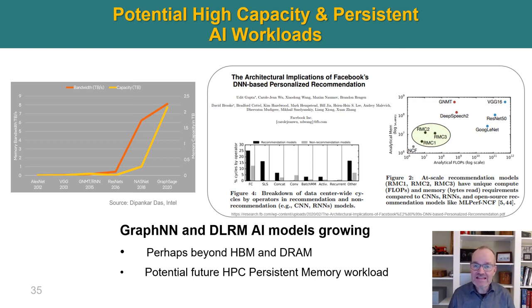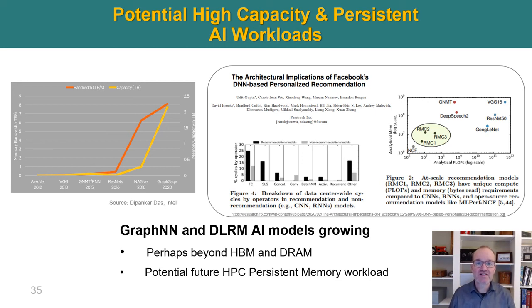The point that they make in this paper, and you can see some of it in this graph, is that recommendation models are very important in the real world, and that these recommendation models are not often what's focused on in AI research and in AI workload characterization. Further, these recommendation models have a very different compute to memory capacity ratio than one sees in things like ResNet, which are often the focus of that work.